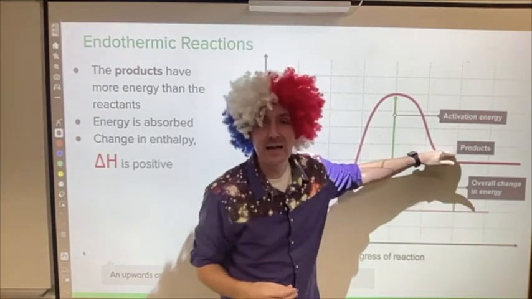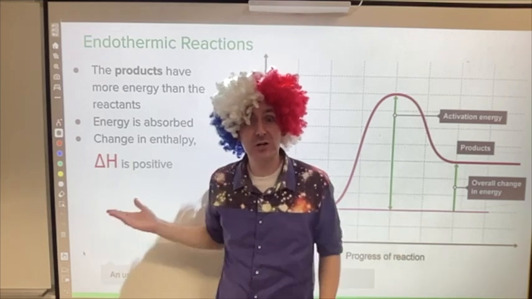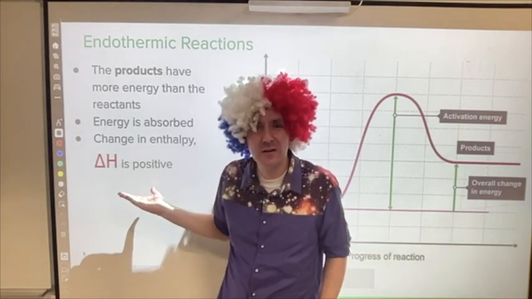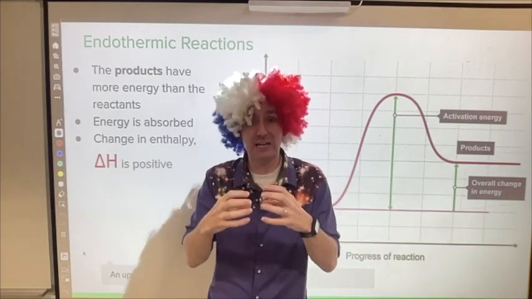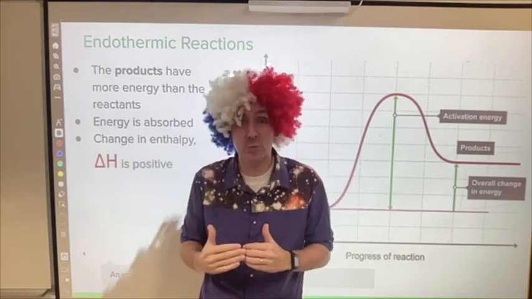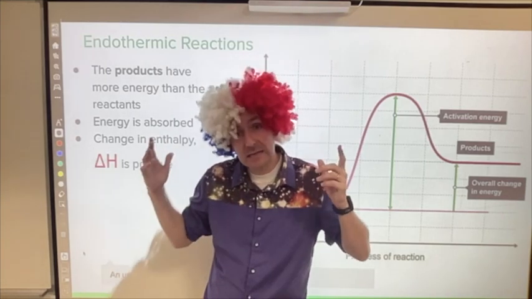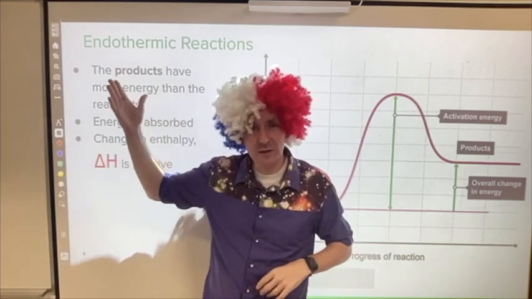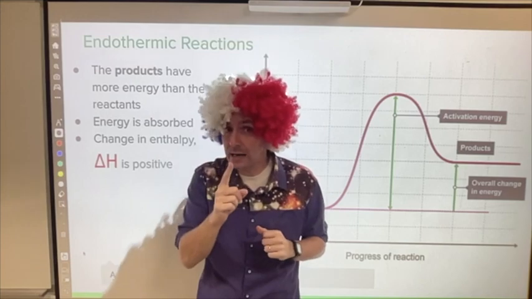We end at a higher enthalpy than where we started. So therefore, delta H is positive. Energy was absorbed. Energy came in. My object now has more energy than it started with, right? This, of course, is an endothermic reaction because energy came in to our system. We had more in than out.